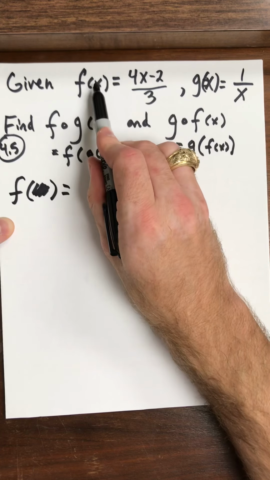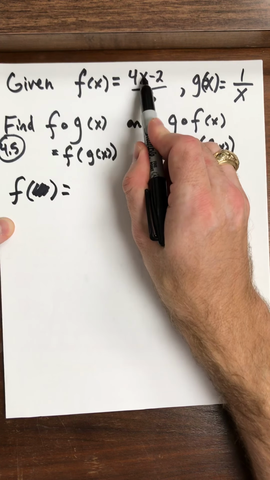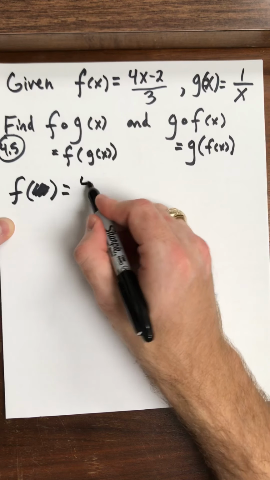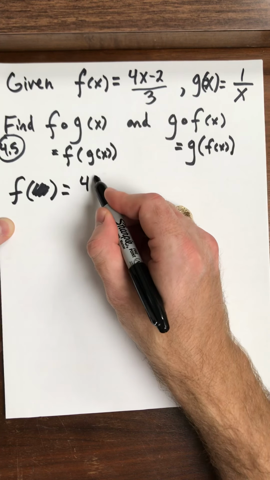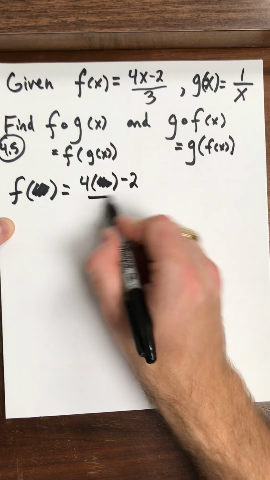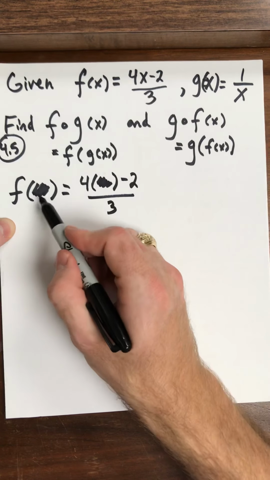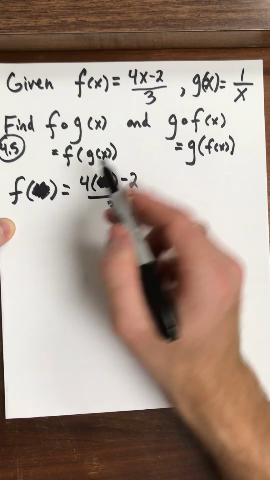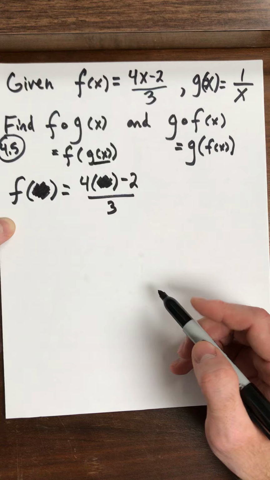What's the rule? I take a number, I multiply by 4, I subtract 2, and I divide by 3. Now instead of this blob here, what do I have in place of the blob? It's g of x.